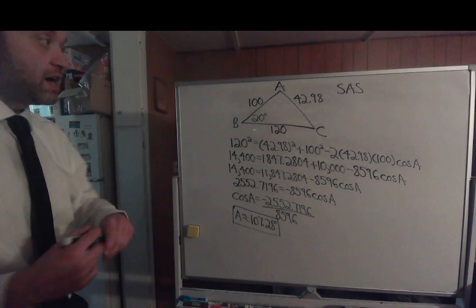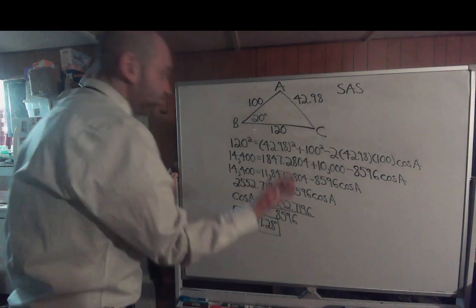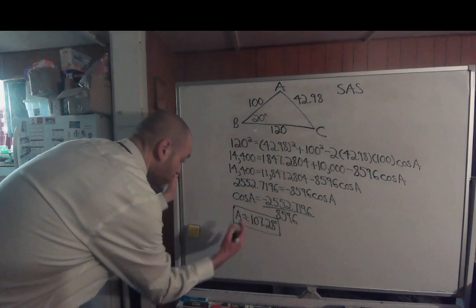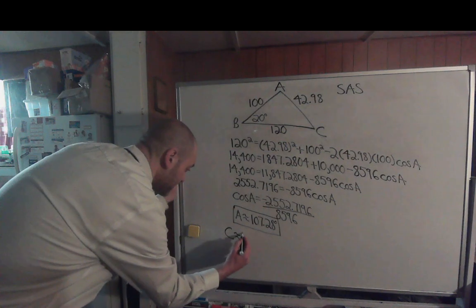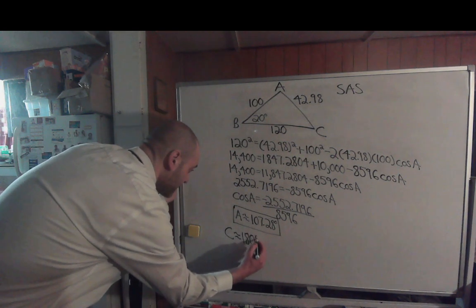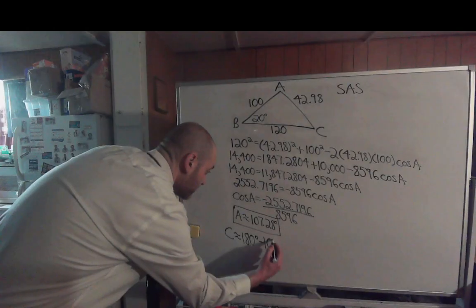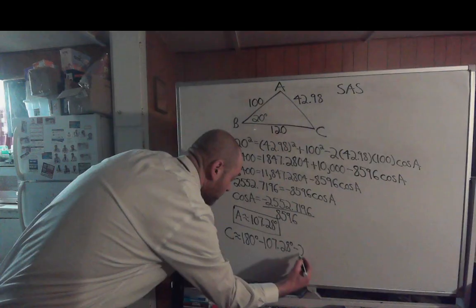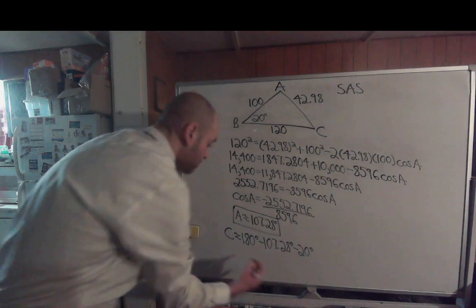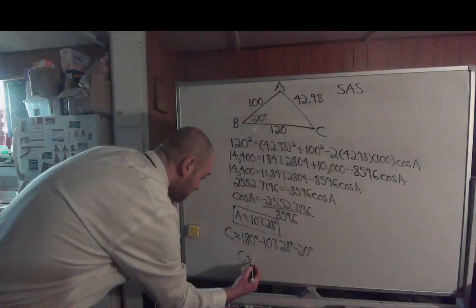And then we could figure out angle C just by finding the difference. So angle C would be approximately equal to 180 degrees minus that 107.28 minus that 20.